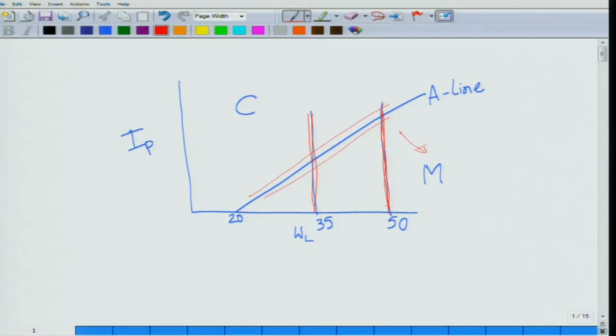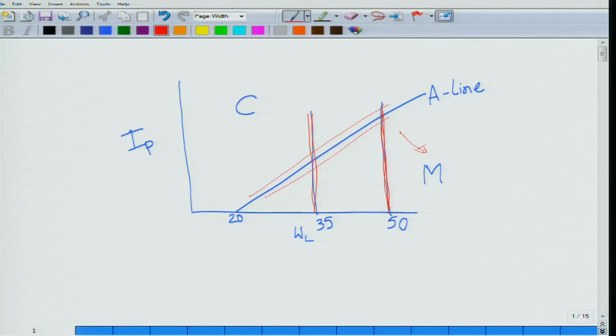So, it will get the dual symbol, it could be low or intermediate. Similarly, if it is very close to the 50% liquid limit line, it may be highly plastic, because if you cross 50% liquid limit, you enter the high plastic zone, whereas below 50% you are in intermediate plasticity. So, it will get the dual symbol, either highly plastic or intermediate plastic soil.